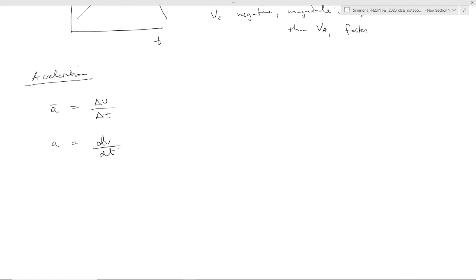And depending on how familiar you are with calculus, this is another way of saying, recall that velocity was the derivative of displacement with respect to time. So what that means is that acceleration is the second derivative of displacement.